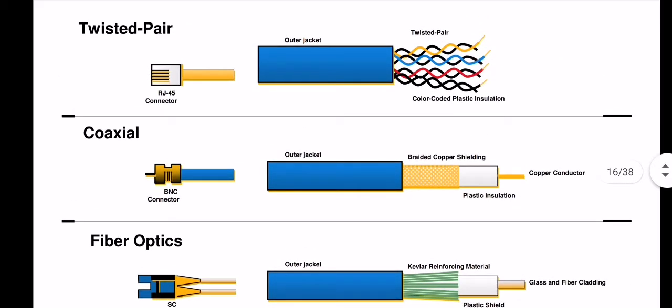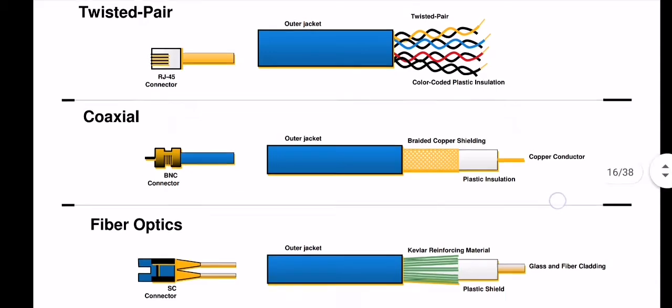Here it explains very nicely what twisted pair cabling is. It has an RJ45 connector, with 8 positions, 8 connectors type of design. It explains the twisted pair inside, which is twisted to avoid any sort of electromagnetic interference.